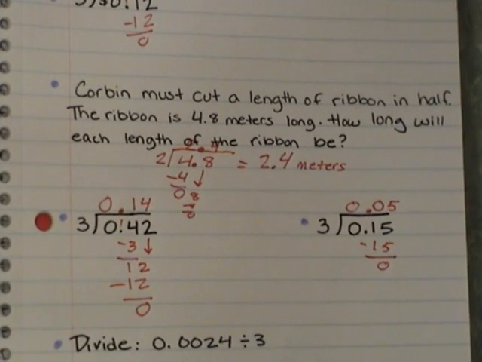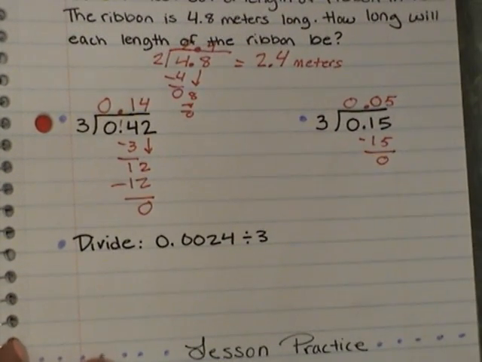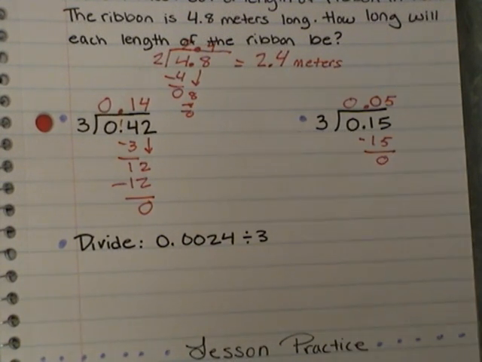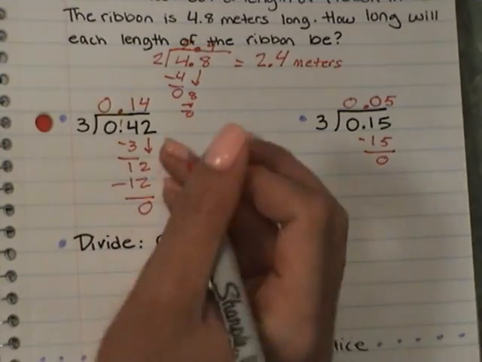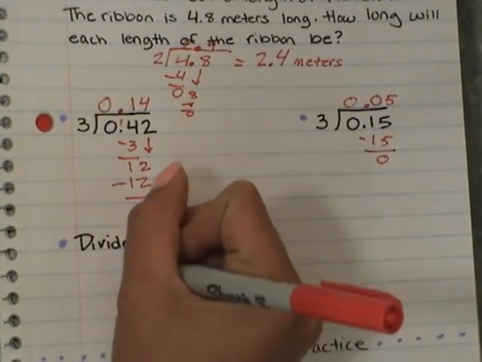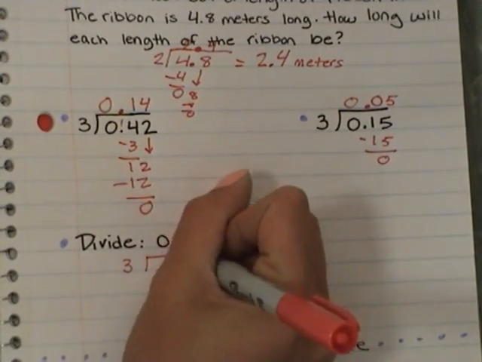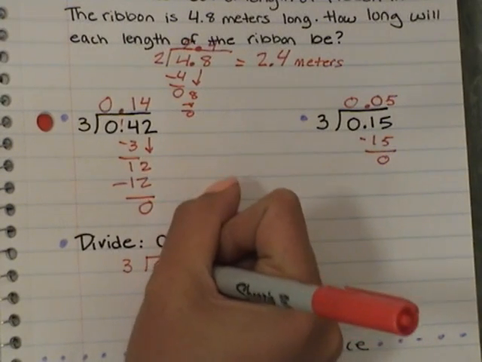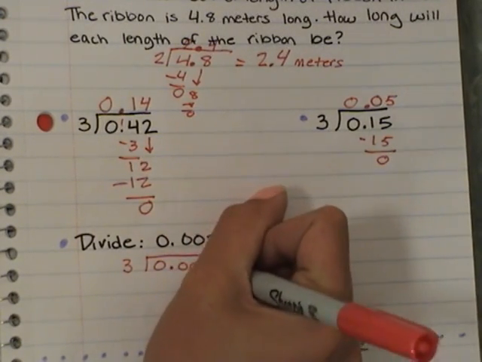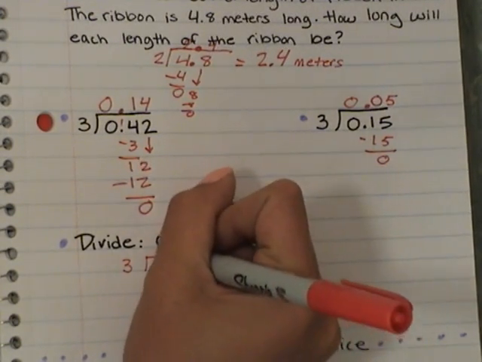And now here is a little bit more of a challenging problem. We have our decimal point, and then we have 2 zeros and 24. I'm going to write it out for us: 3 divided by 0.1224. Raise my decimal point up.